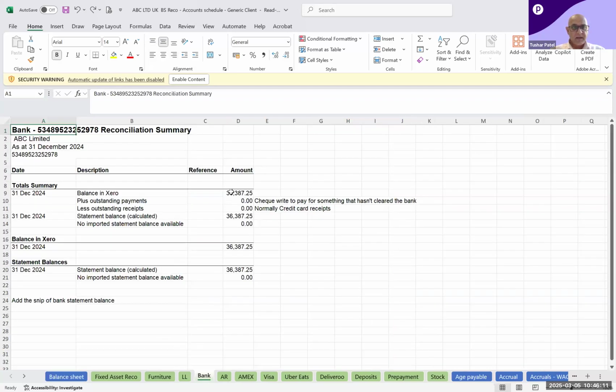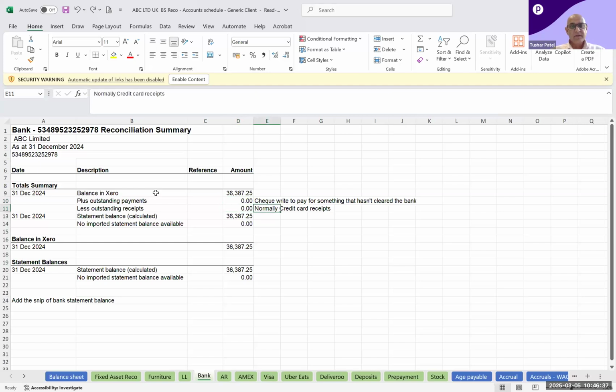So you've got the balance that we've booked in your accounting software, your general ledger. You could have items, for example, not so common these days, like a check that has been written for somebody but hasn't cleared the bank. That would feature here as a reconciling item. You would also have outstanding receipts.